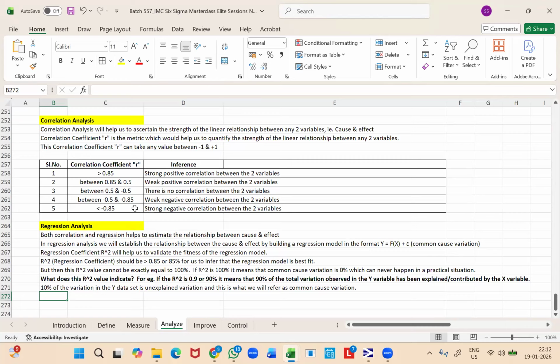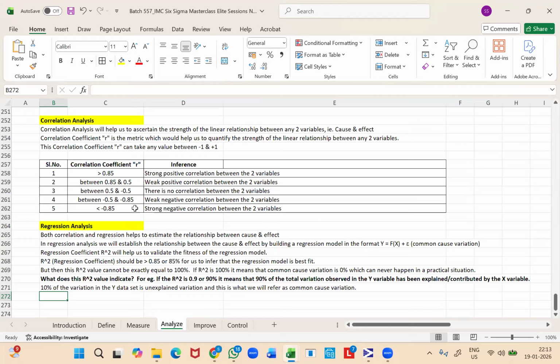So 5 why analysis is all about asking why multiple times, and it is generally believed that we will be able to arrive at the root cause exactly after the fifth why. But there is no hard and fast rule that we need to arrive at the root cause after the fifth why. You could arrive at the root cause after the second why or even after the 15th why, right?